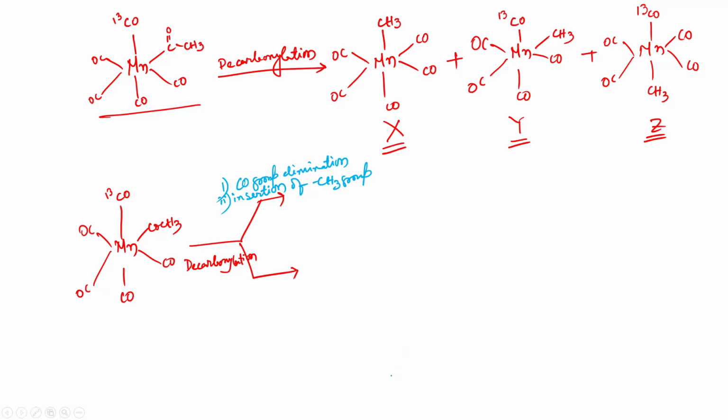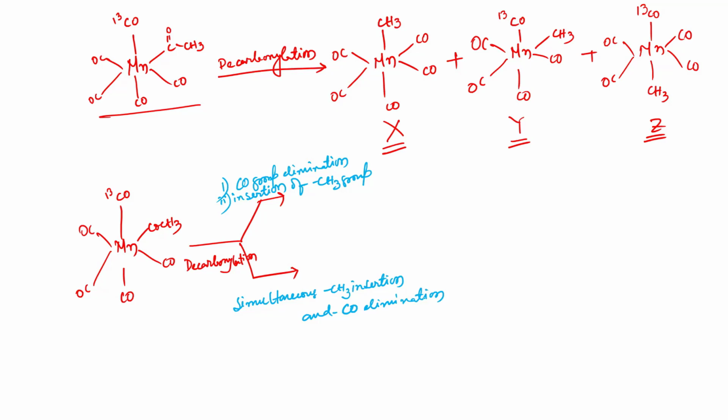And the second process is simultaneous CH3 insertion and CO elimination. So in one process, first one of the COs will eliminate, and in the next step CH3 will come in the place of CO and the compound will form. And in the other method, CH3 insertion and CO elimination happen simultaneously.